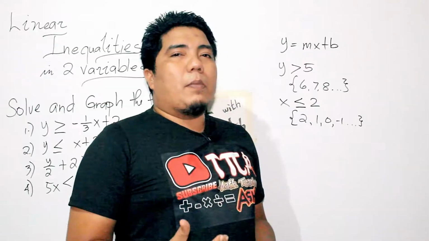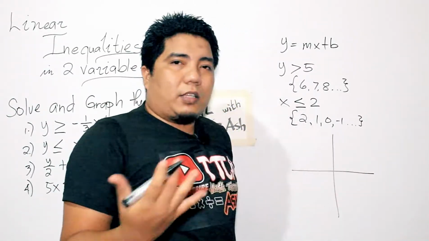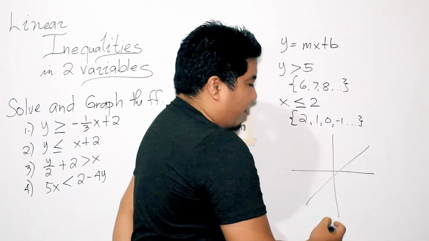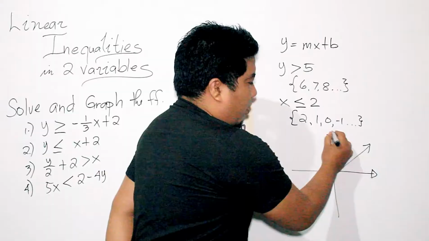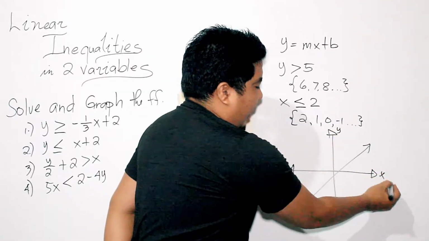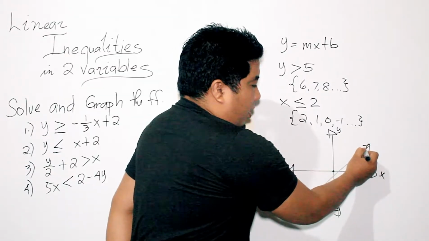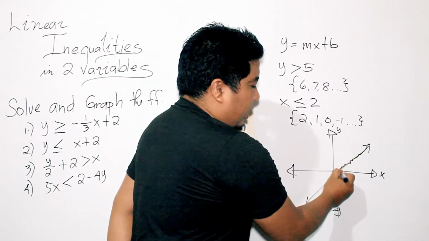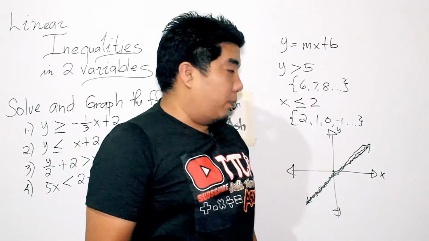Now, if you still remember our linear equation, if we have this Cartesian plane and this is the graph of the linear equation, of course, this is the y-axis and the x-axis. This is your origin. Any point that is part of this graph is part of your solution.